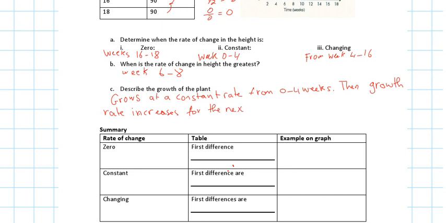Then growth rate decreases as the plant reaches maturity.